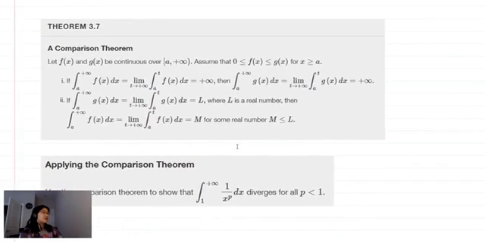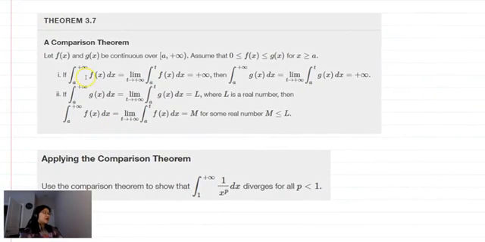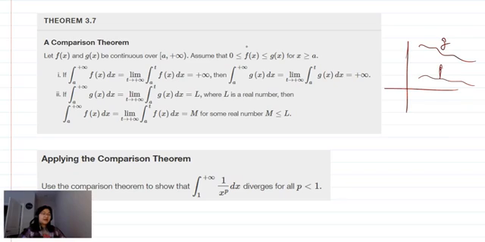is, if we have f and g are continuous on an interval, and you also know that f is less than g, so g is there, f is there, and then 0 is over here.